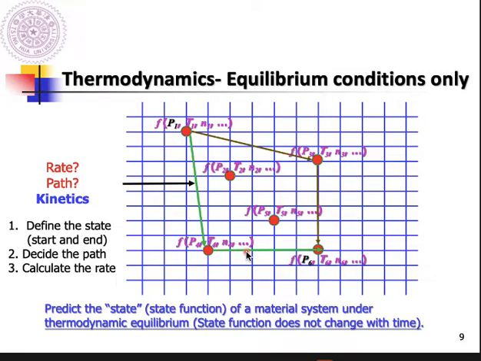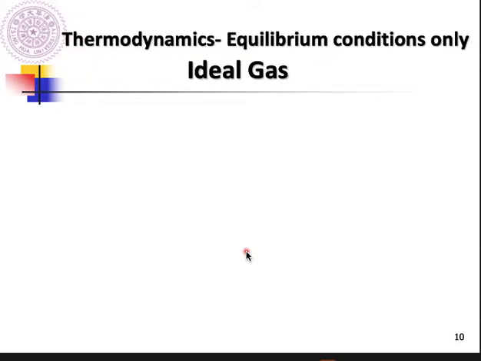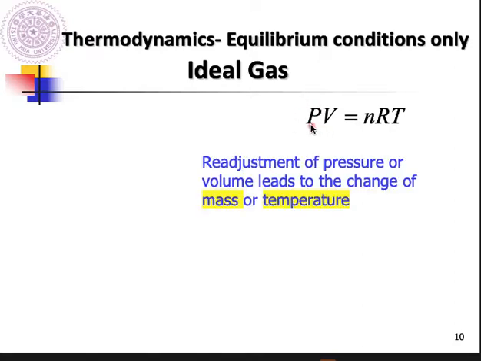For example, if we take the ideal gas as our example. Ideal gas always obeys the ideal gas law, right? PV equals nRT. So when we adjust the pressure P or the volume, then the number of atoms or the temperature of the gas will change at the same time, right?